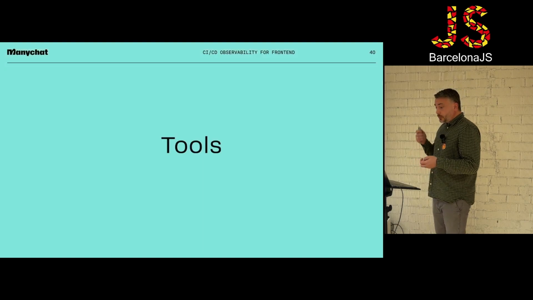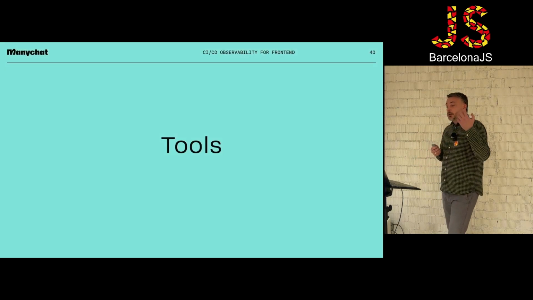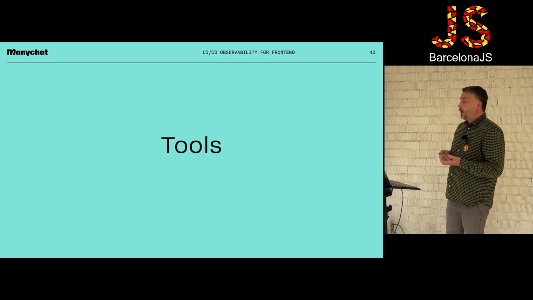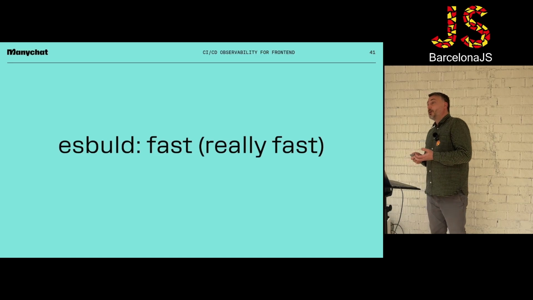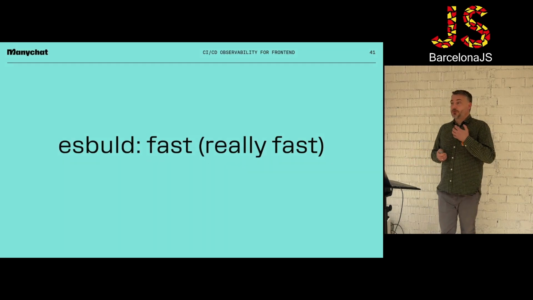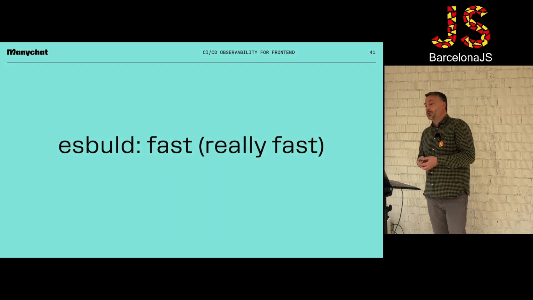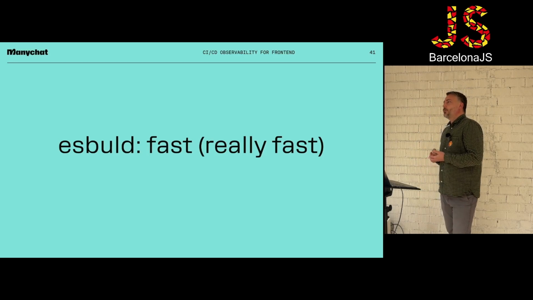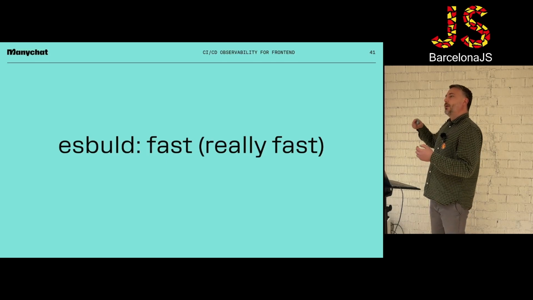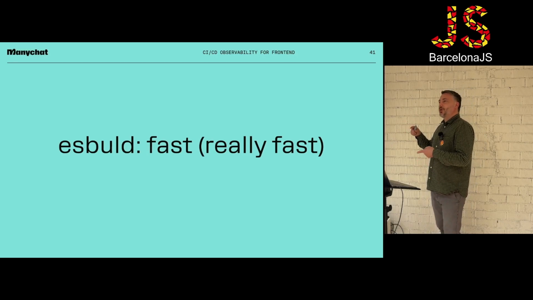I cannot fail to mention the tools that help us. At first, it was ESBuild. We moved to ESBuild to build our project. It was really fast. We were using Webpack previously, but as I said, the main time was spent on building our project with Webpack.